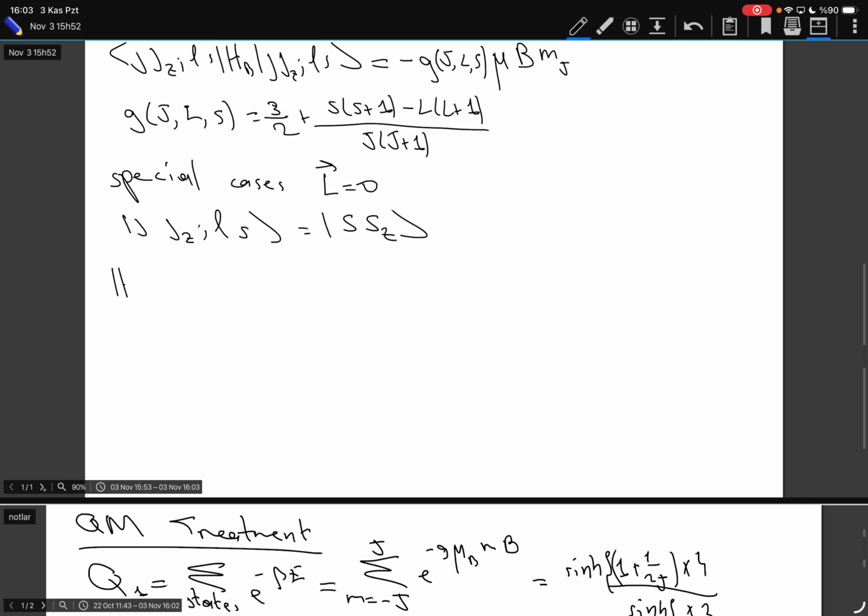The Hamiltonian will be minus 2 mu B Sz. And this energy will be minus 2 mu B times m_S.